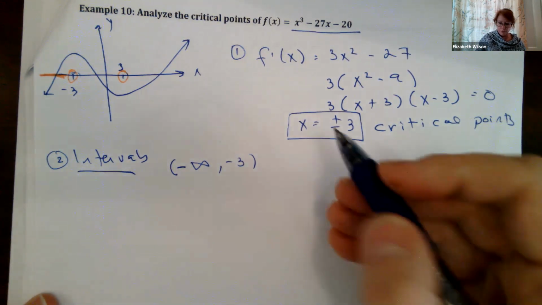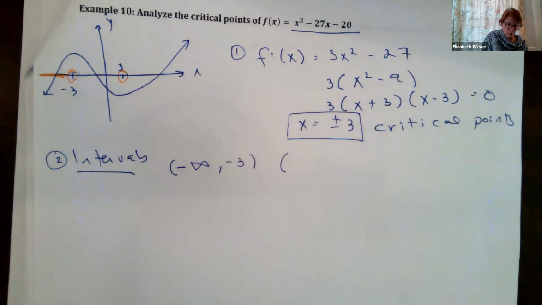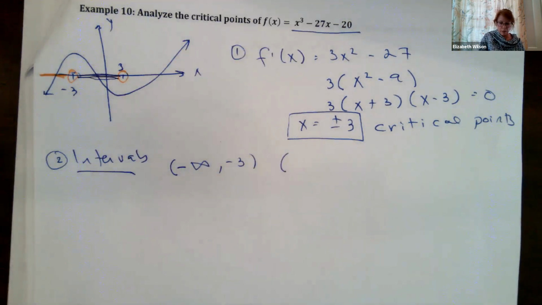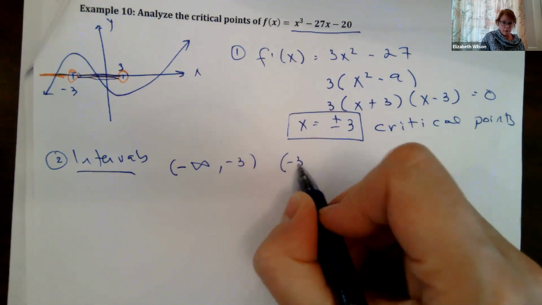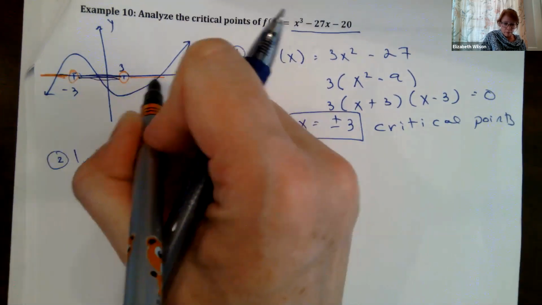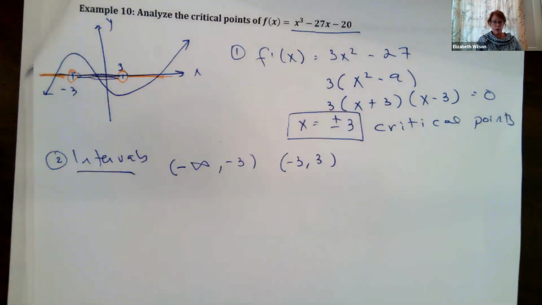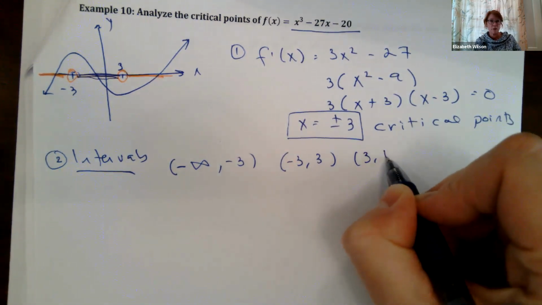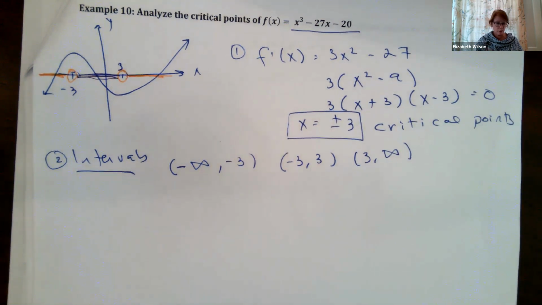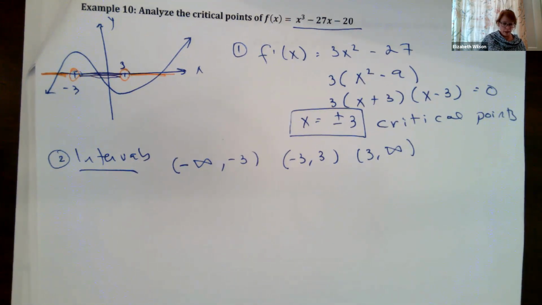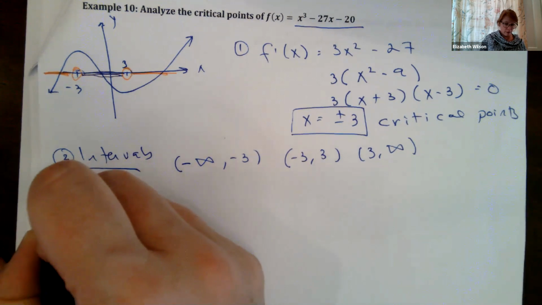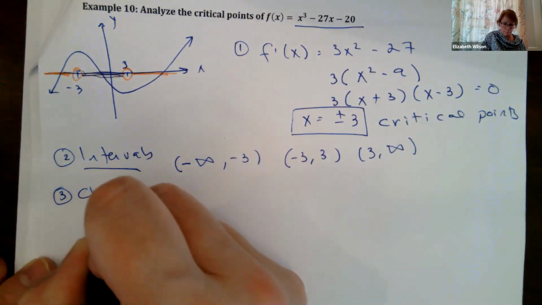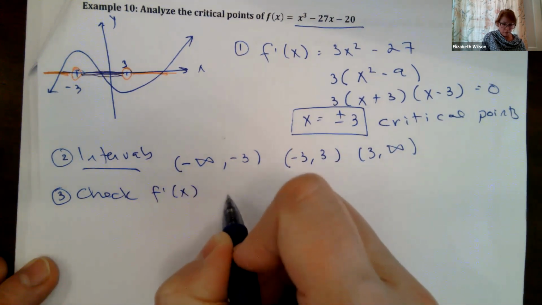My next interval goes from here to here, negative 3 to positive 3. And my last interval goes from positive 3 out to positive infinity. These are the interval values of x. Now I have to check my first derivative around these values.